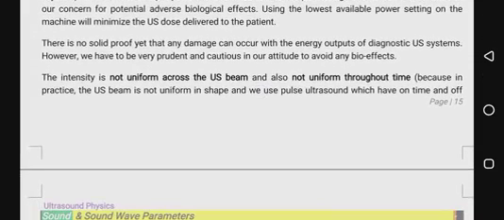The intensity is not uniform across the ultrasound beam and also not uniform throughout time, because in practice, the ultrasound beam is not uniform in shape, and we use pulsed ultrasound, which has on time and off time.